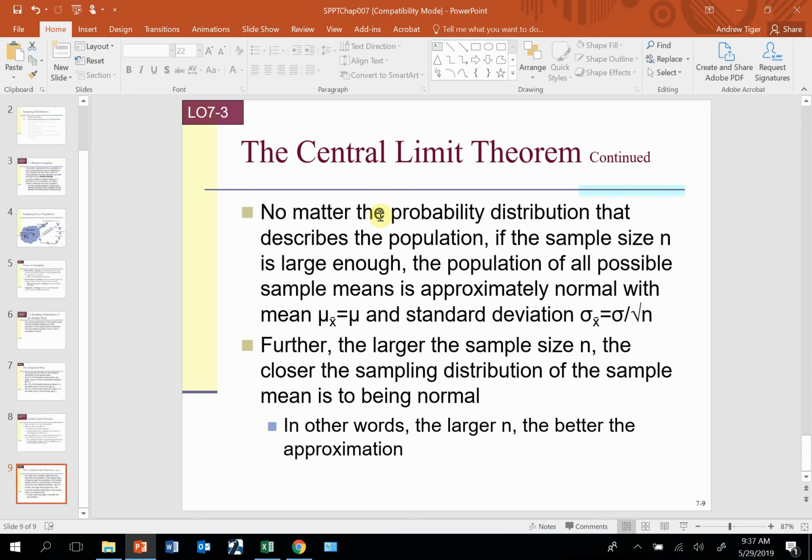What's cool is it doesn't matter what the underlying probability distribution is. If we take a sample and calculate the average, then the distribution of sample averages will always look normal. It'll get there quicker when you have a large sample size. Okay, in the next video I will show you the central limit theorem in practice.